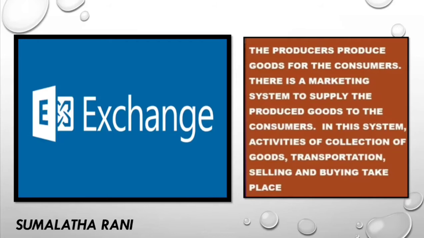Okay, in this exchange we see the marketing system in order to supply the produced goods to the consumers for their use. So here we see the activities of collection of goods, transportation, selling, and buying take place.